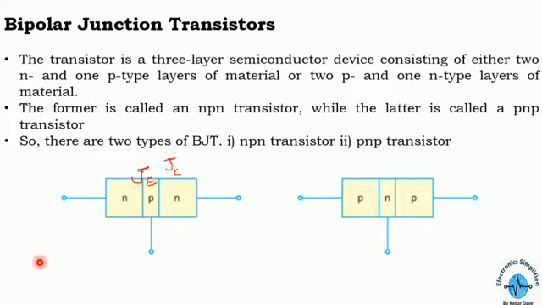Hence there will be a condition when there are more holes in the N region, and more electrons in the P region. This whole process can be understood as a flow of current, and this type of flow of current is possible in the PN junction diode.